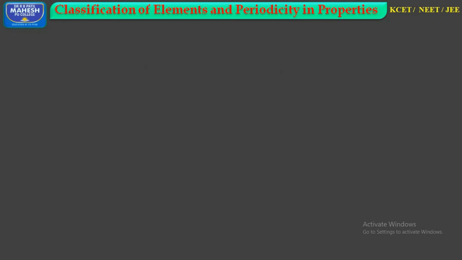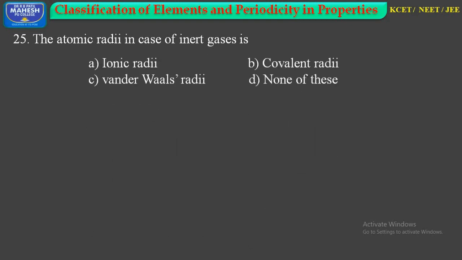Moving to the next question, the atomic radii in case of inert gases is option A, ionic radii, option B, covalent radii, option C, van der Waals radii, and option D, none of these.